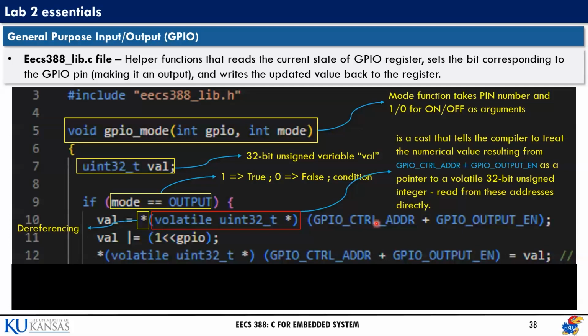So how can we enable them? So also, this part is the memory address, and we are casting it using this keyword volatile uint32_t. This casting is telling the compiler to treat the numerical value resulting from this address as a pointer to a volatile 32-bit unsigned integer.